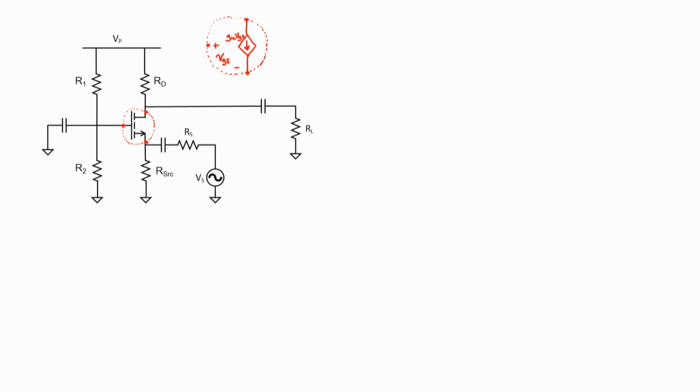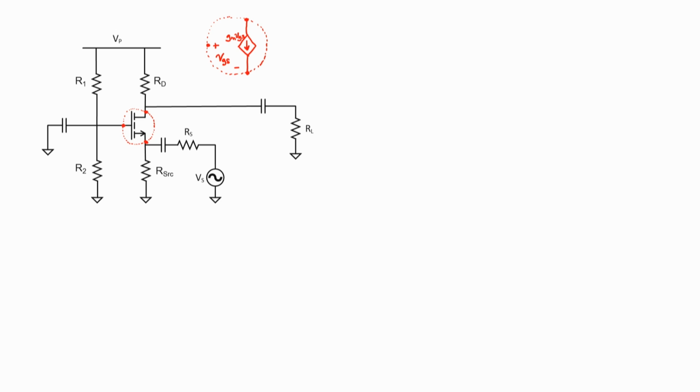GM is the transconductance, so it's a value that you would have to get in principle from the data sheet for a particular MOSFET. You can kind of get a sense that for small changes in the gate voltage, the amount of changes you would have in the drain current depend on that GM. So a transistor with a larger transconductance would usually give you a larger gain.